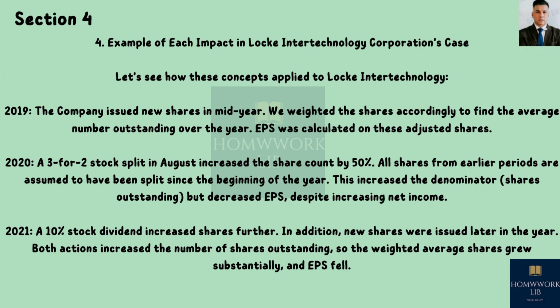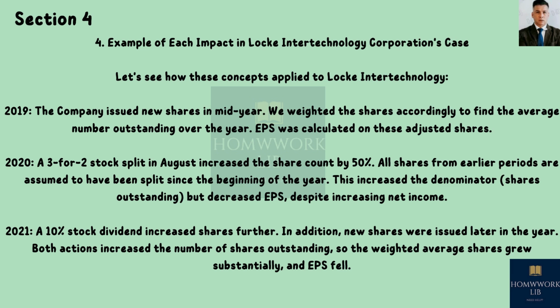Section 4. Example of each impact in Locke Intertechnology Corporation's case. Let's see how these concepts applied to Locke Intertechnology. 2019: the company issued new shares in mid-year. We weighted the shares accordingly to find the average number outstanding over the year.